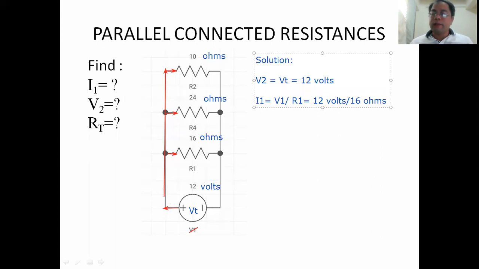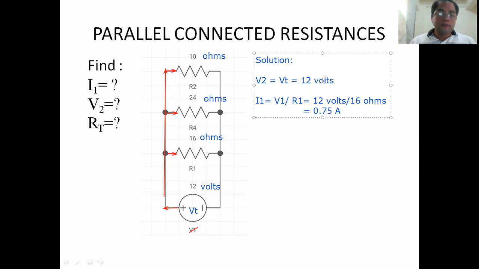So if we divide 12 by 16, then we'll have 0.75, and that's in amperes. Okay, so we already calculated two of them.